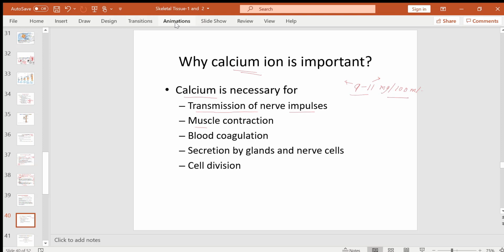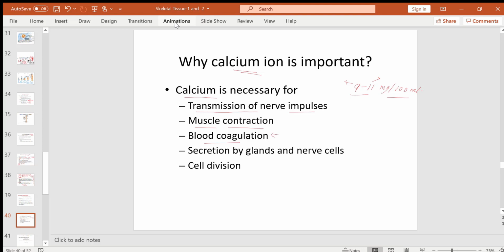So if hypocalcemia occurs, the calcium decreases in the body, then muscle paralysis. The muscles will not be able to contract. You will not be able to move. You will not be able to breathe. Coagulation of blood. Calcium is essential for blood coagulation, blood clot formation.